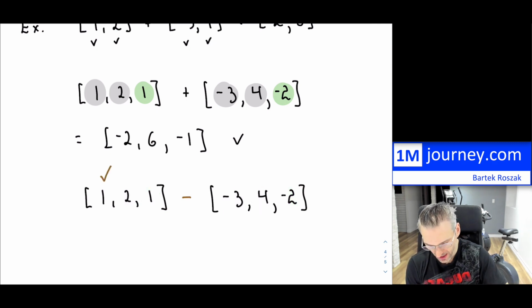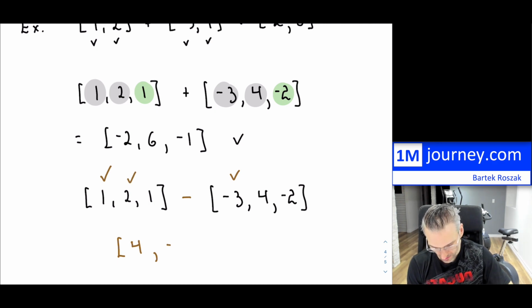So 1 minus -3, which now is going to be 4. 2 minus 4, which is going to be -2. And then finally 1 minus -2, which is going to be 3. And here is your resultant vector.